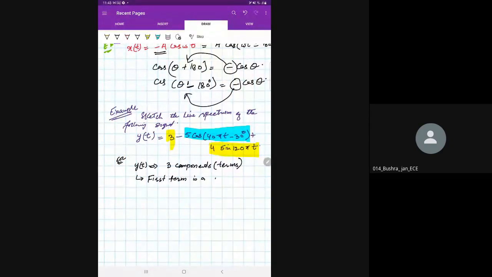Out of which the first term is a DC. 3 is a DC signal. It is not AC. So 3 would mean something like this: its amplitude 3 hai, with time it is constant. So it is a DC signal.